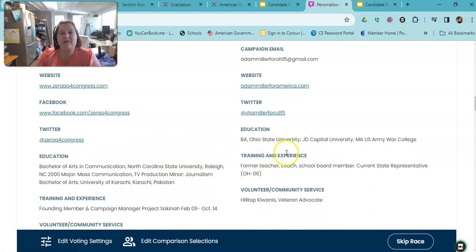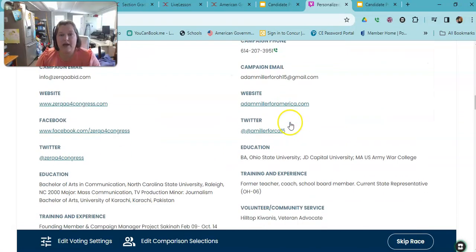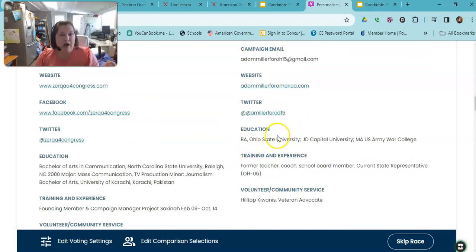Now it gives us a little bit of background. So now we see Mr. Adam Miller got his bachelor's at Ohio State, and JD means he's a lawyer. It's his law degree from Capital, and we also see he was in the military because he went to the U.S. Army War College.